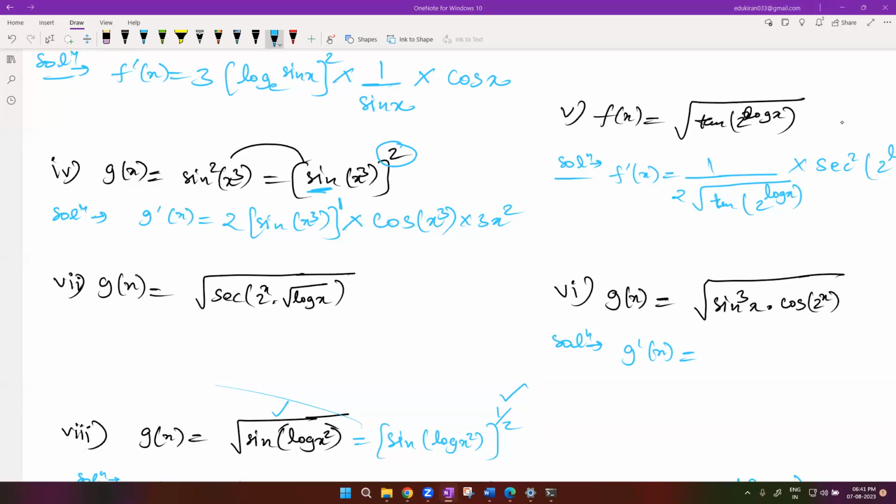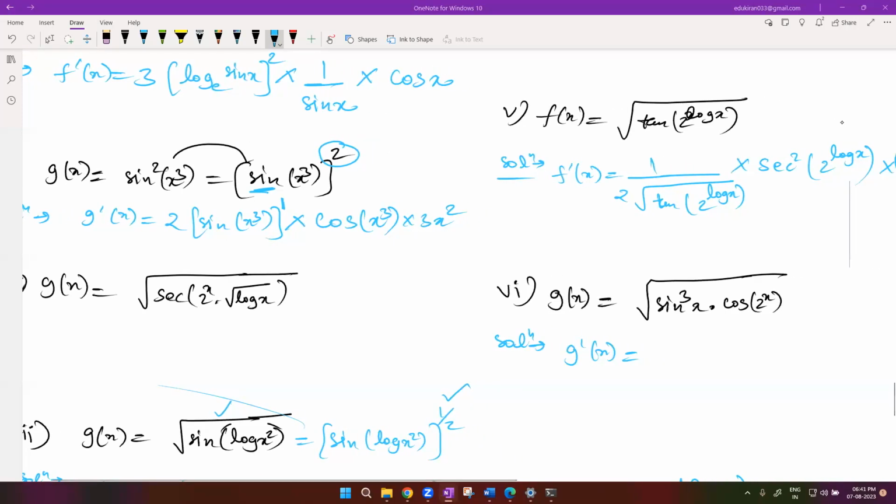Yeah, so in this case, the first differentiation is of the square root of sin cube x into cos of 2 to the power x. The whole expression contains a root, that is why we'll be applying the formula.